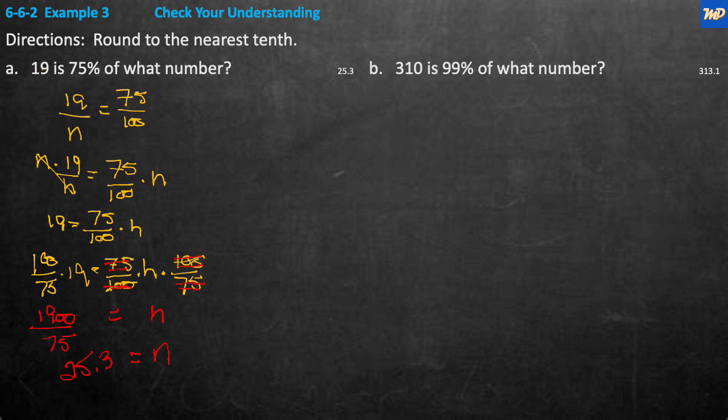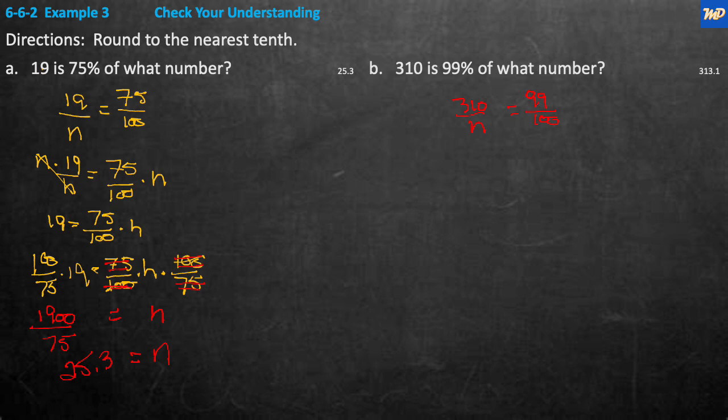So let's do the other one. B. 300 is 99% of what number? This is exactly the same form as problem A. So I'm going to write the 99% over 100% is equal to, and the 310 is equal to the 99, so 310 over n, that number.